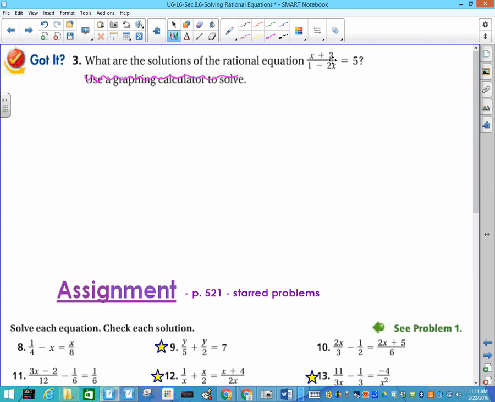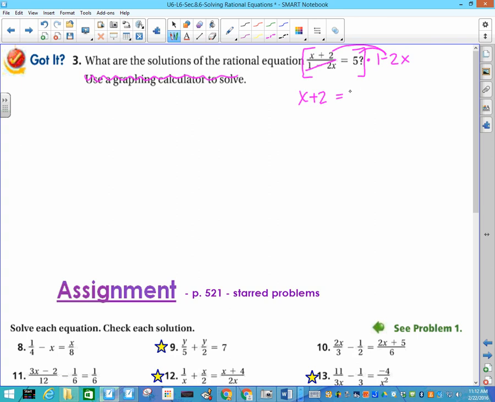So, x plus 2 over 1 minus 2x equals 5. The classes that I've taught so far have jumped to and said, let's multiply by the LCD, so that's what we're going to do. In my LCD, this is the only one I have, so it's going to be 1 minus 2x. And when I multiply, so I'm multiplying both sides of my equation by it, this goes away because it cancels, leaving me with x plus 2.